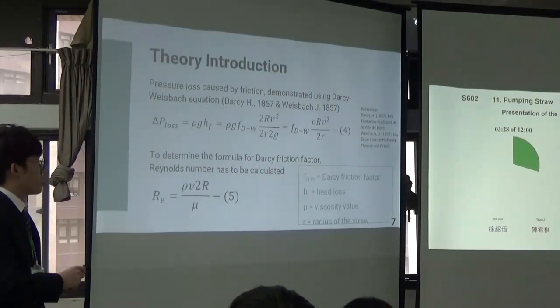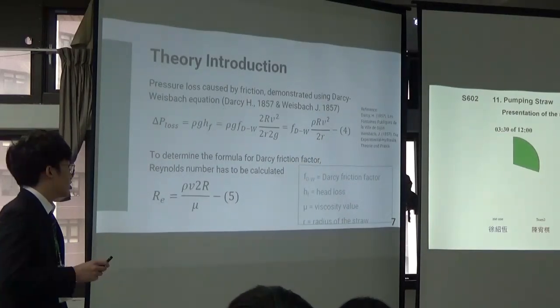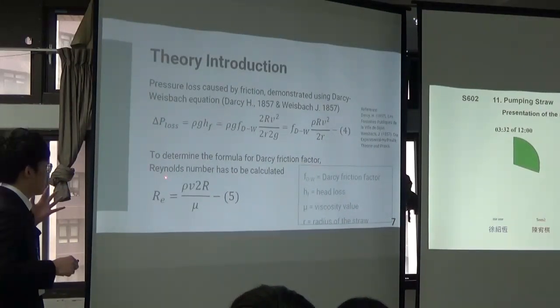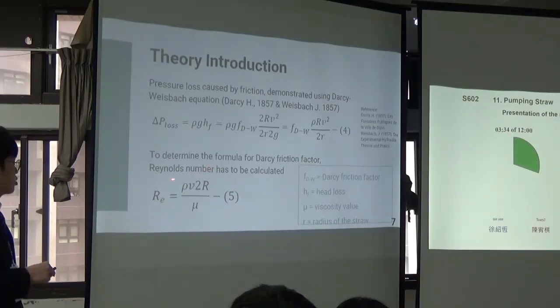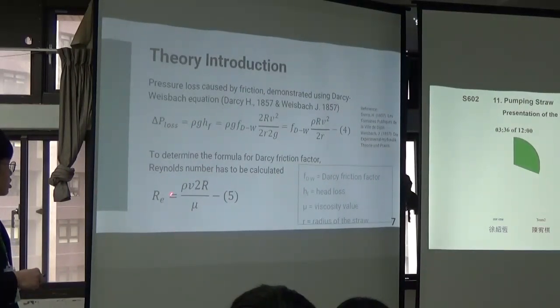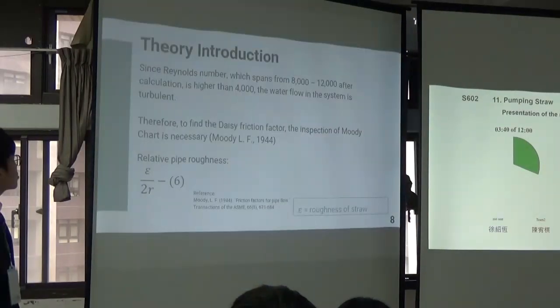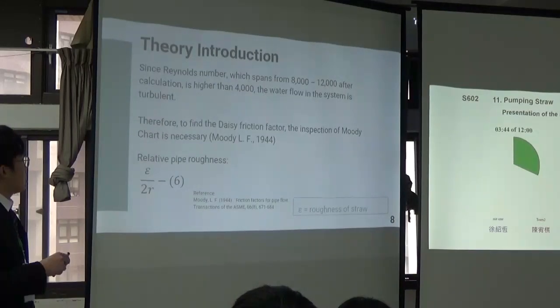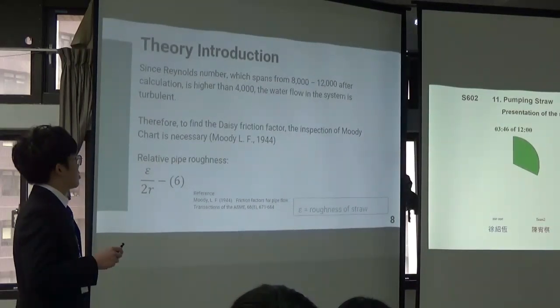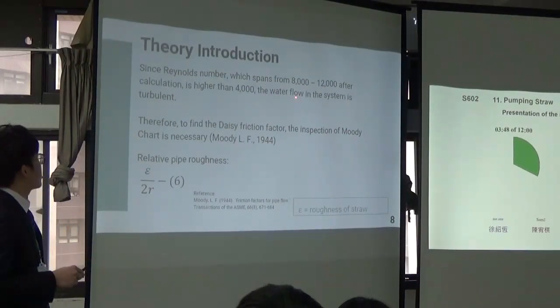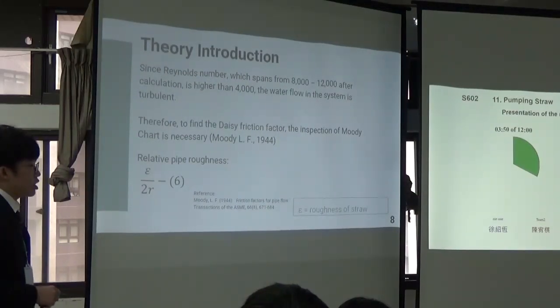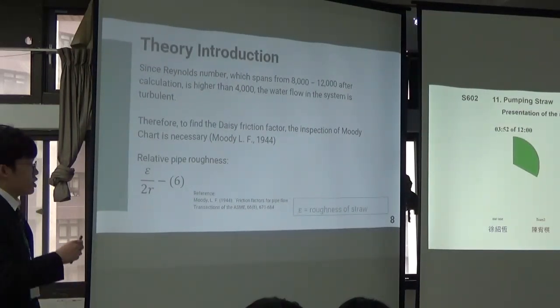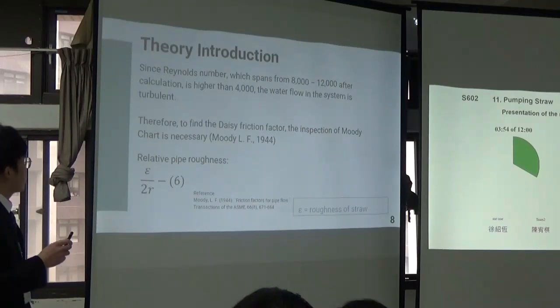And to determine that, you have to calculate the Reynolds number. The way to calculate the Reynolds number is right here. In our experiment, all the systems' Reynolds numbers span from 8,000 to 12,000 after the calculation, which is higher than 4,000, which means that they're all turbulent.